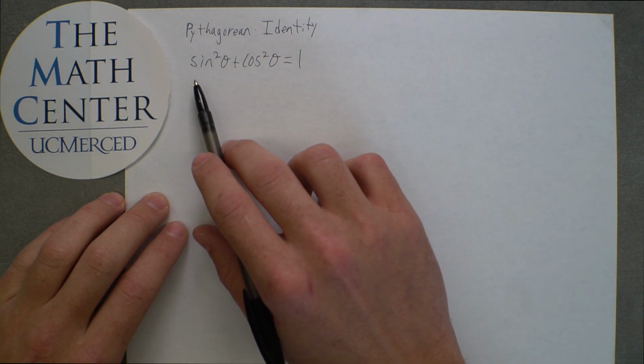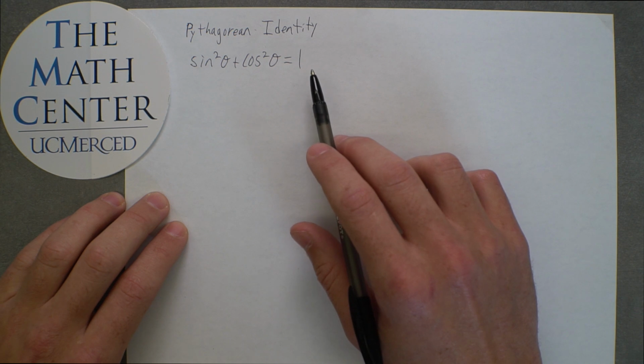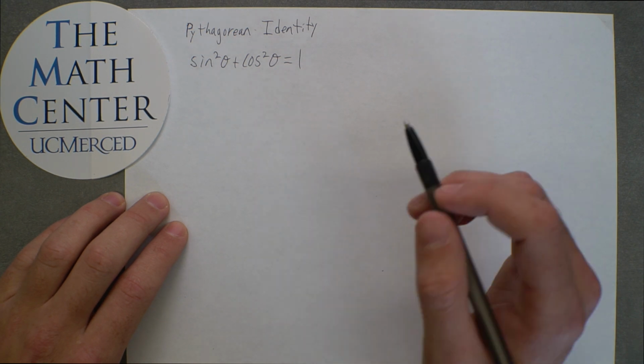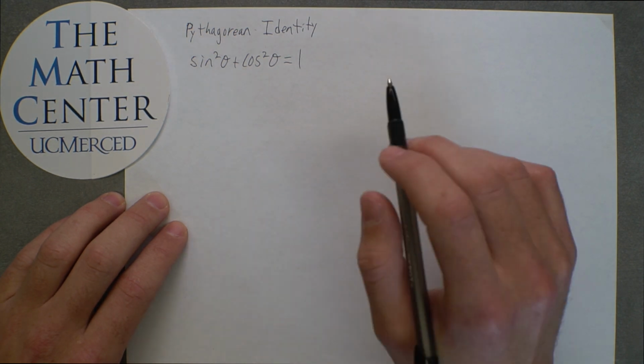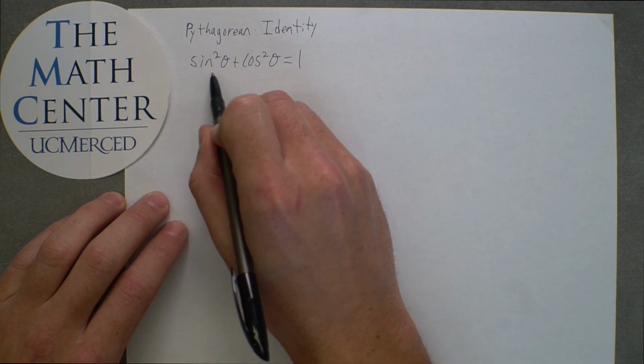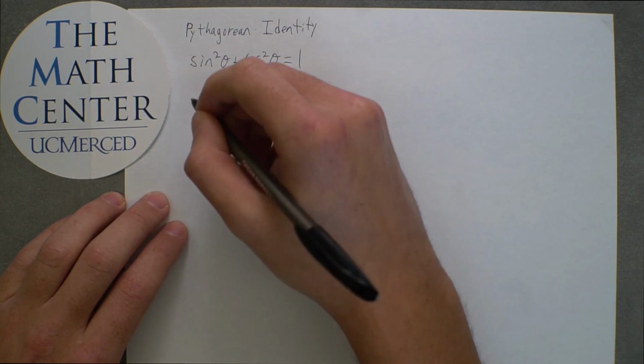So in order to rewrite this identity using cosecant and cotangent, you can multiply this entire thing by 1 over sine squared.